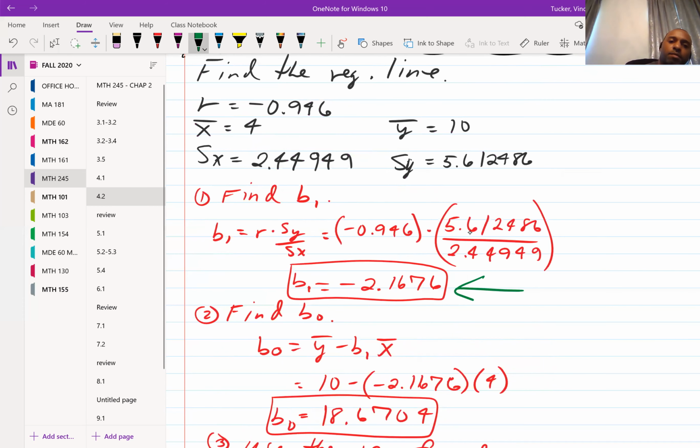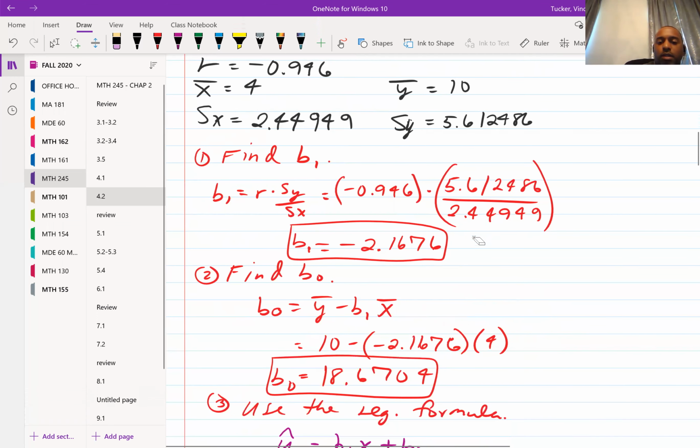So once again, B1 is right here, and then we take in Y bar and X bar from the given information. And that's this substitution right here. All right, got 18.6704. Any problems? All right, is everybody good?